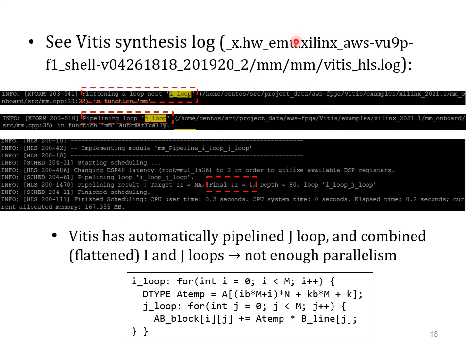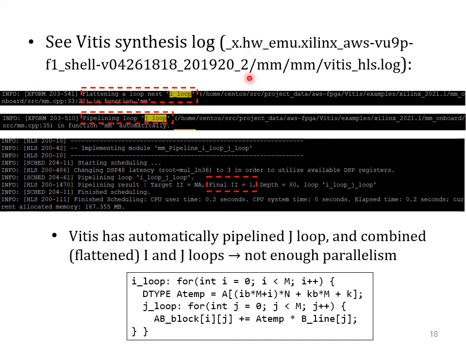This is the synthesis log of the baseline code. You can find it in this path of your project directory. By the way, this part is the path for the hardware emulation. If you want to see the result for the bitstream, you can just change it to hardware. Okay.